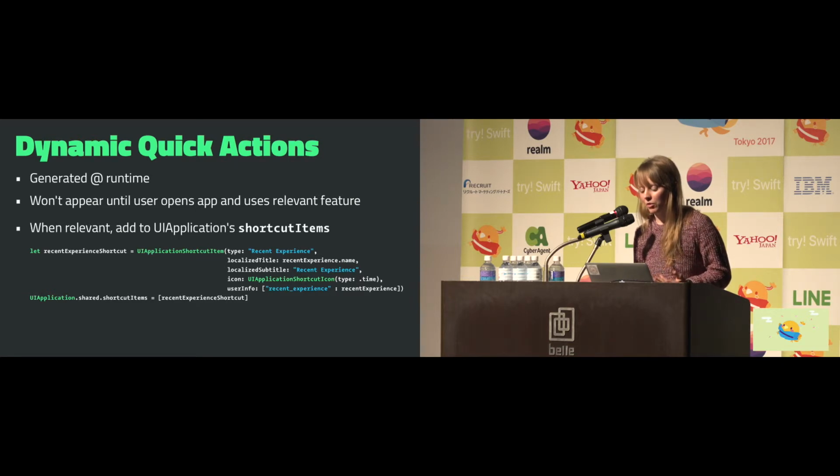So for example, if the user in the Caribou app just tapped on going to a cafe, that might be a good point to add a shortcut item at a cafe. So we would create that shortcut item and then add it to the UI application's shortcut item array.